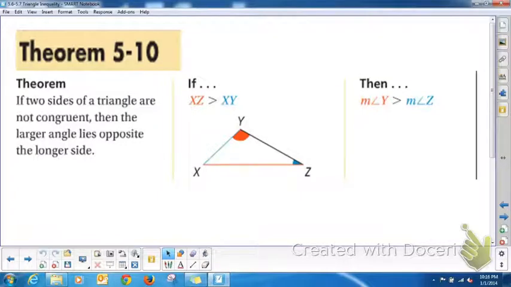Theorem 5.10. If two sides of a triangle are not congruent, then the larger angle lies opposite the longer side.